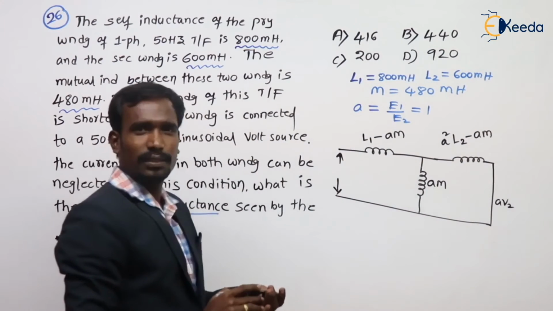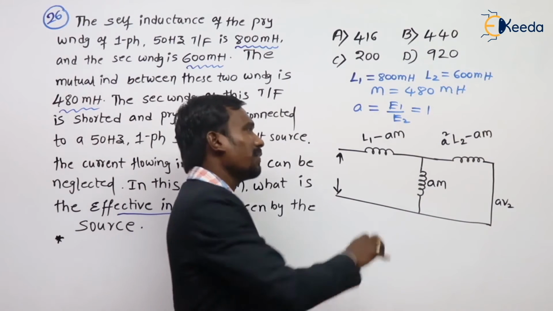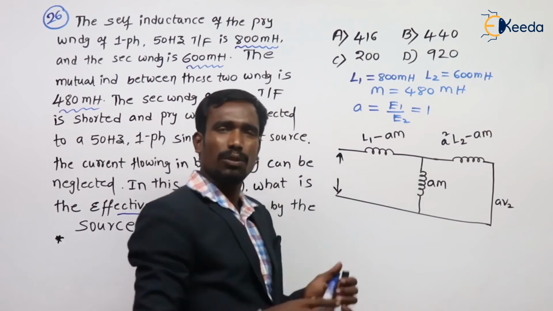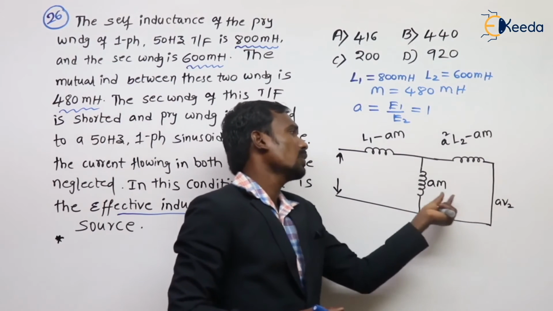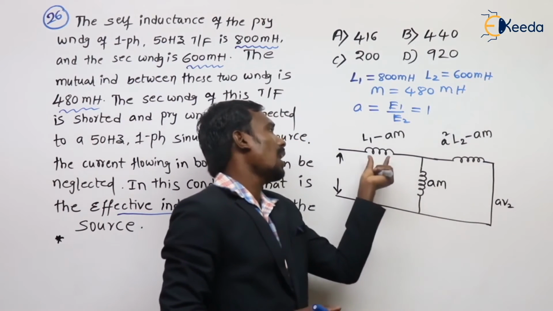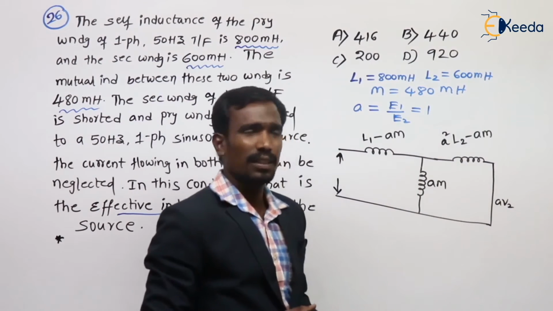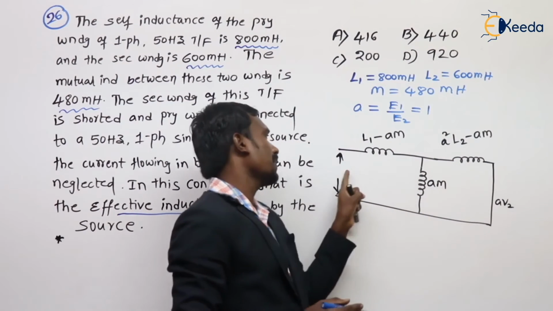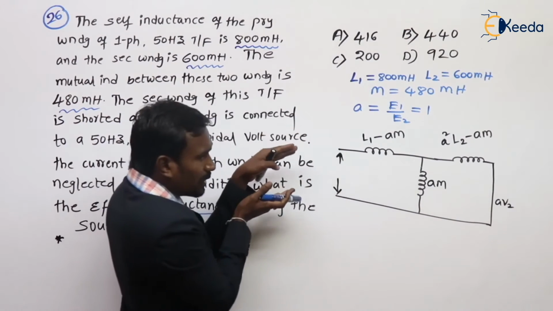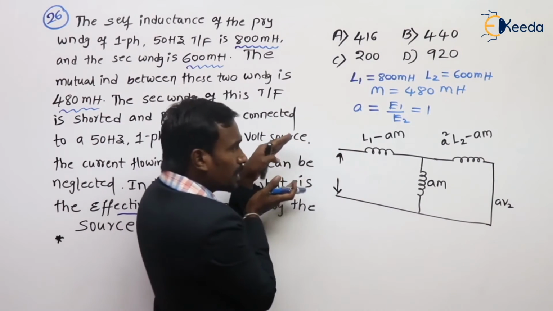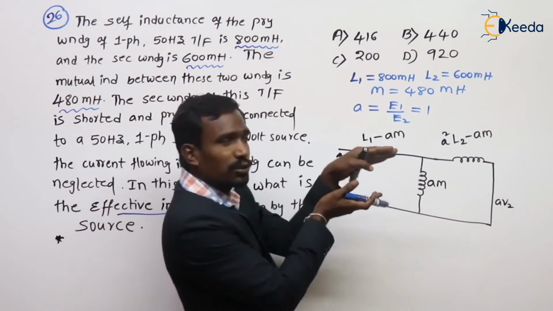Remember these words, then you can get the answer. We have a big theory for these words. Just remember these words: A, V2, AM, mutual, and the primary and the secondary. Secondary is shorted, primary connected to supply. Now we need the effective inductance from the supply, seen by the source.